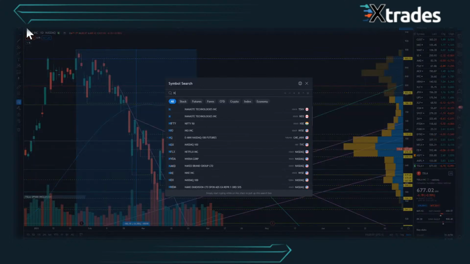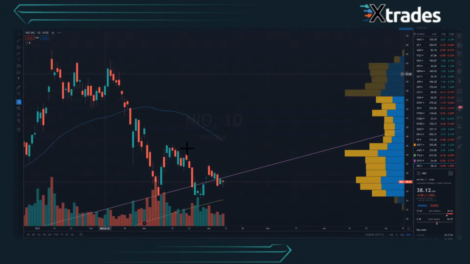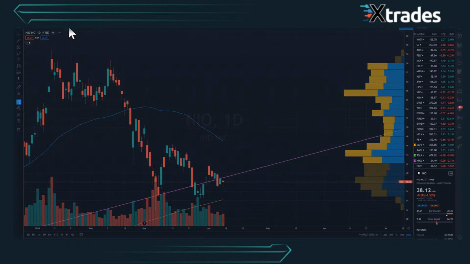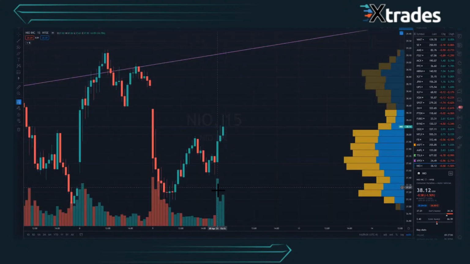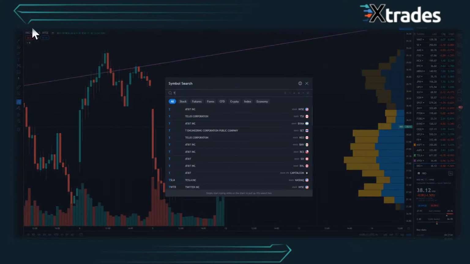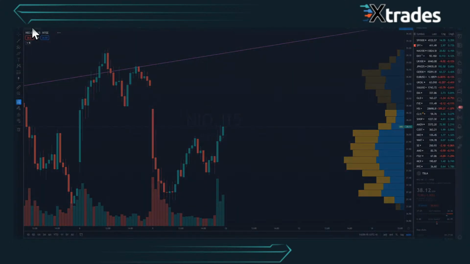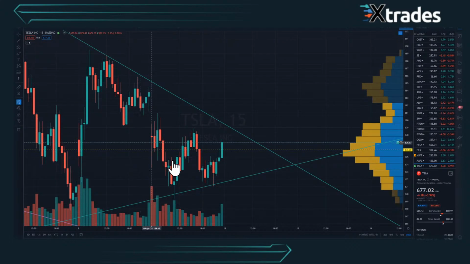So if we look at NIO, you see this huge volume spike towards the end of the day. This is around when Musk tweeted. He's really good at his PR. And if you look, Tesla did not do the same thing. Though it also increased, NIO increased more relative to the day's price action and had a larger volume spike.